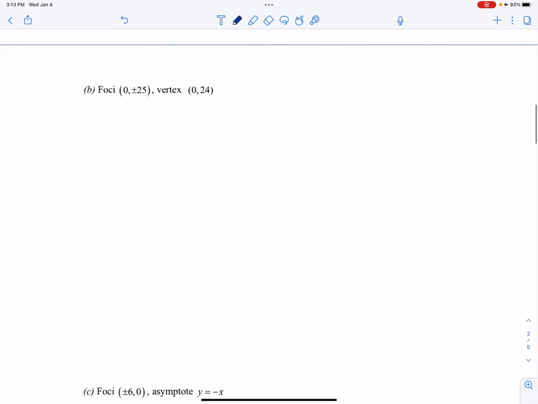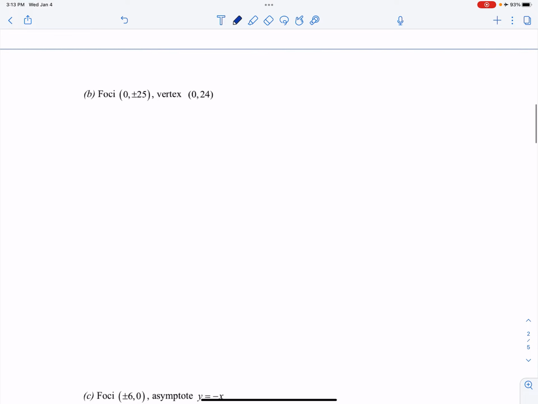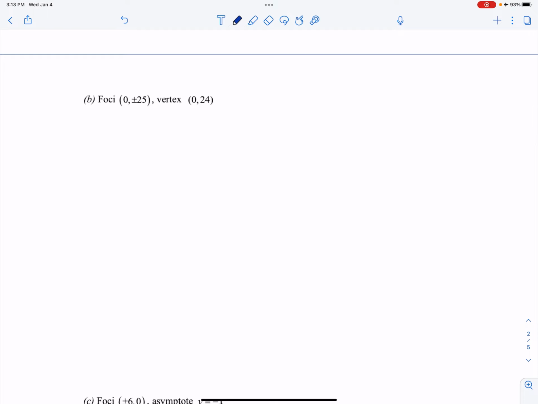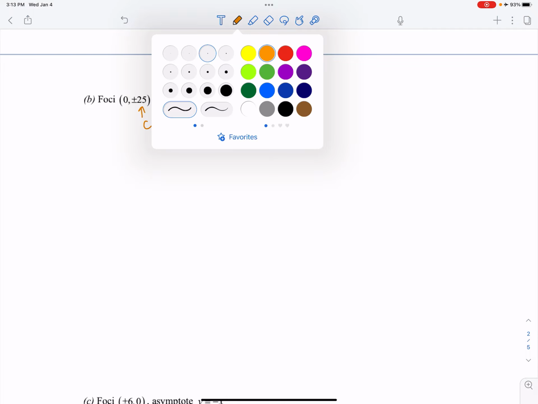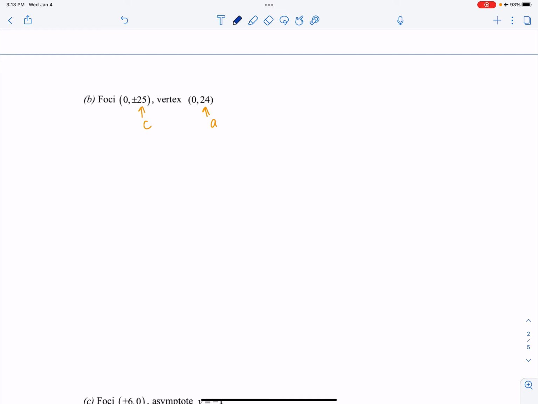Okay, now we have foci at (0, ±25), vertex at (0, 24). This tells us the value of c, and 24 tells us the value of a. And again, we're moving along the 0 for all of these values, 0 in the x.